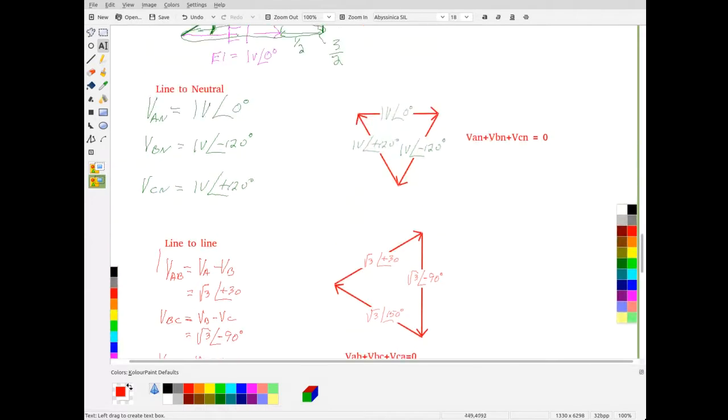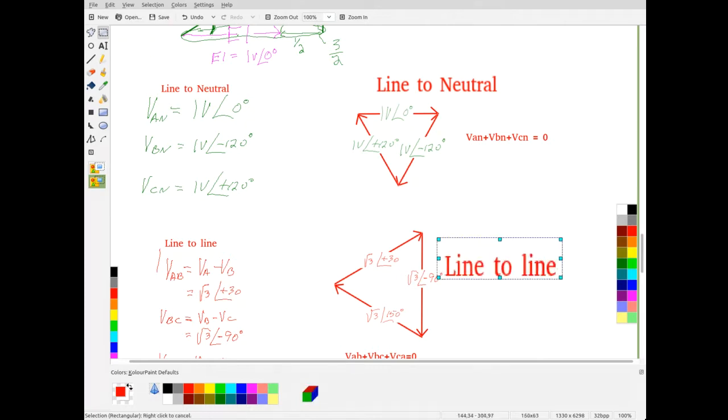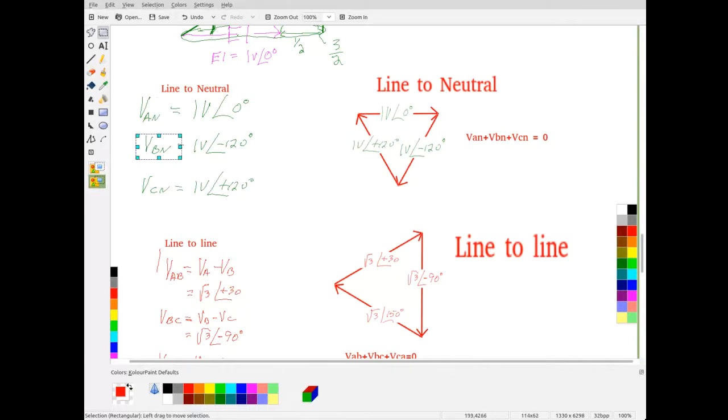Okay. It doesn't matter whether you're adding line to neutrals or you're adding line to line, when you take the first voltage and you take the second voltage and you take the third one and you add them all up, you get nothing.